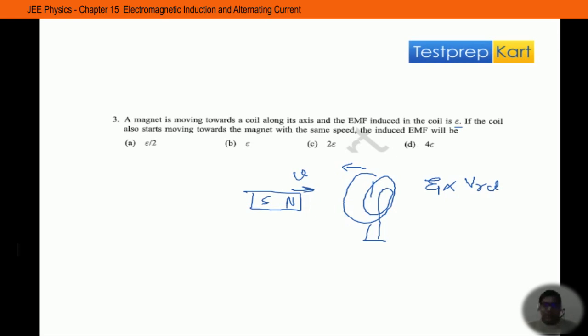Here you can see both are moving in opposite directions, so the relative velocity is 2v. In the initial case, when the coil was at rest, the EMF induced is E. Now the relative velocity is twice, so the net EMF induced in this case would be 2E.